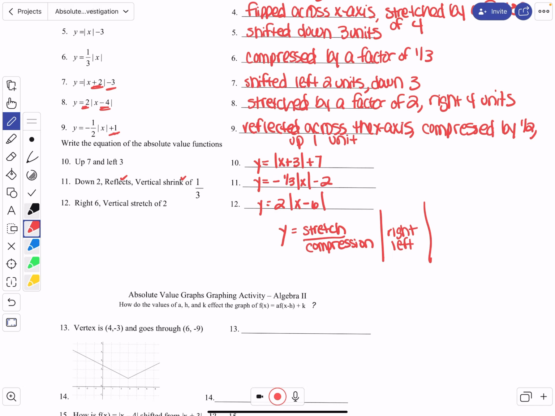And then on the end is going to be up or down. Okay, right is going to be a minus, left is going to be plus, up will be plus, down will be minus. So maybe that'll help you out a little bit. And then, of course, a negative, you'll have a negative out front if it is reflected. Okay.